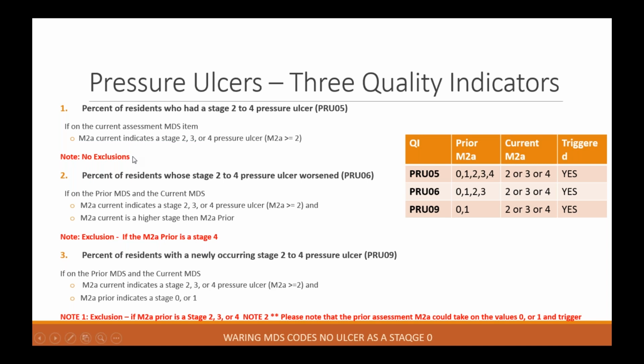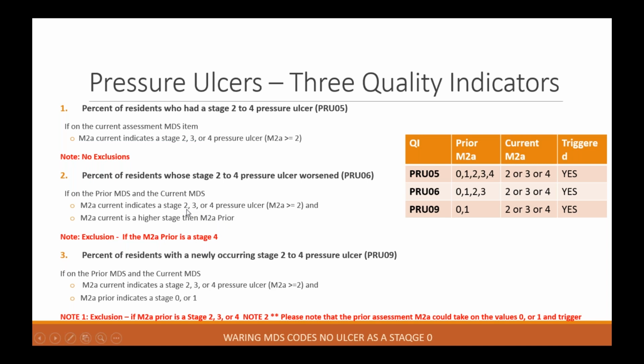Now the second indicator is stage 2 to 4, where there's been a decline or a worsened ulcer from before. On the prior MDS and the current MDS, we're looking at M2A. The current indicator is a stage 2, 3, or 4 pressure ulcer, M2A greater than or equal to 2, and M2A on the current is higher than what it was on the prior.